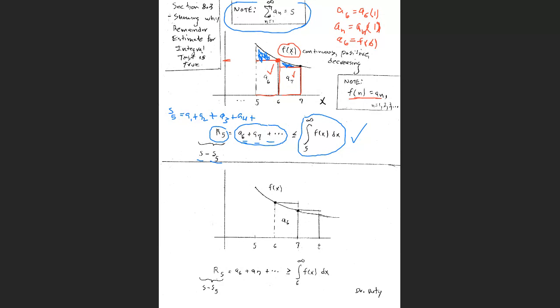It's the fifth partial sum, the sum of the first 5 terms of the series.